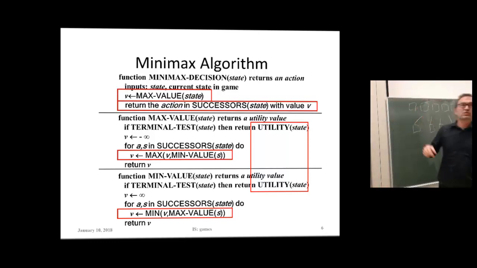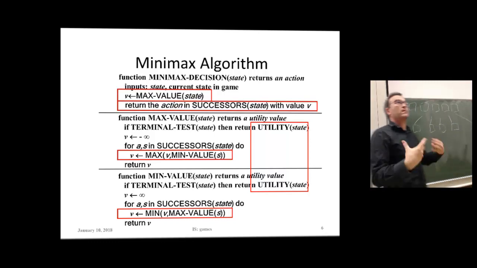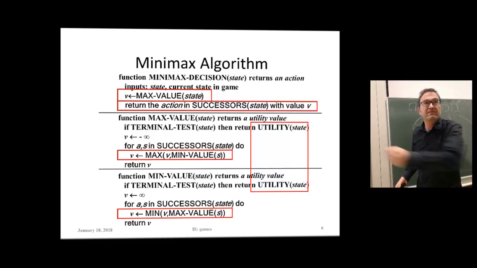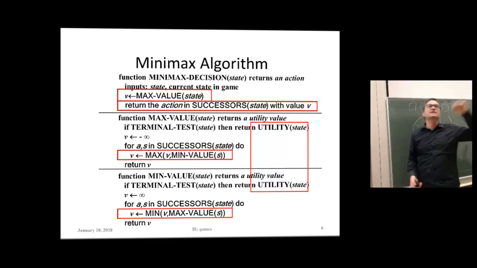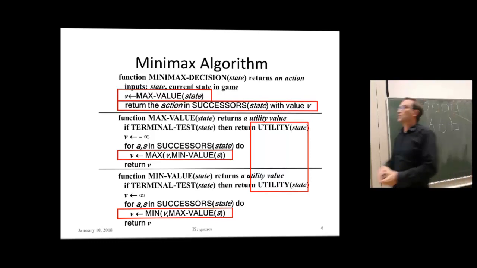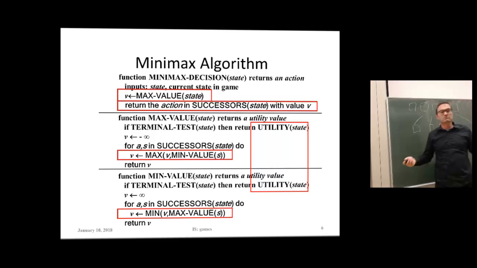Basically you look at all the successors, and then you make a recursive call. You say, I suppose that my opponent gives me the minimal values back, because that's what she wants to achieve. So of all the minimal values of my successor states, I take the biggest one, and that's it. And obviously the algorithm for calculating the minimal values is a recursive call to this next function, which does the same by minimizing all the maximal choices that Max can make. That's the algorithm.